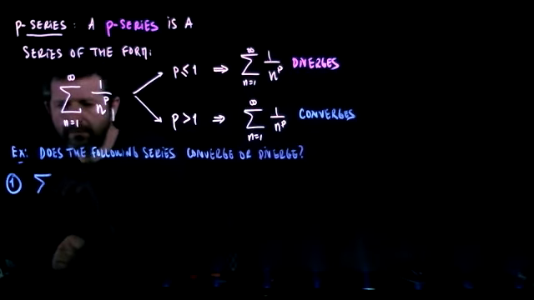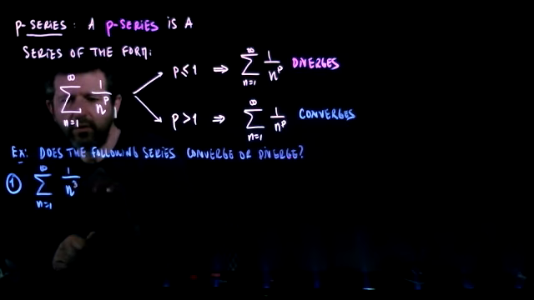sum n equals 1 to infinity, 1 over n cubed.